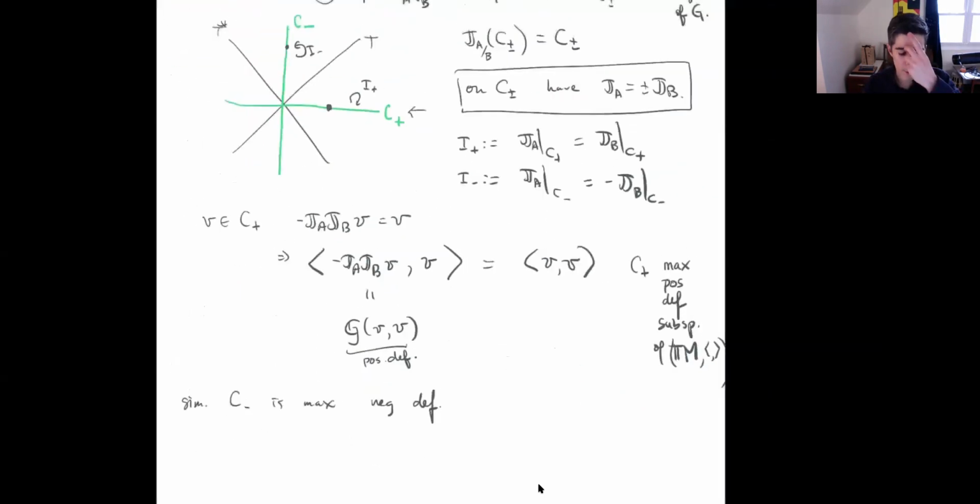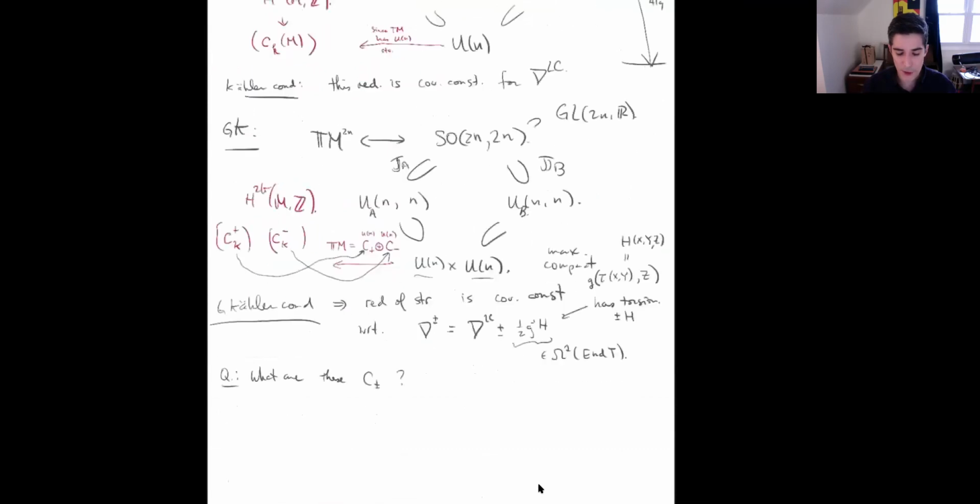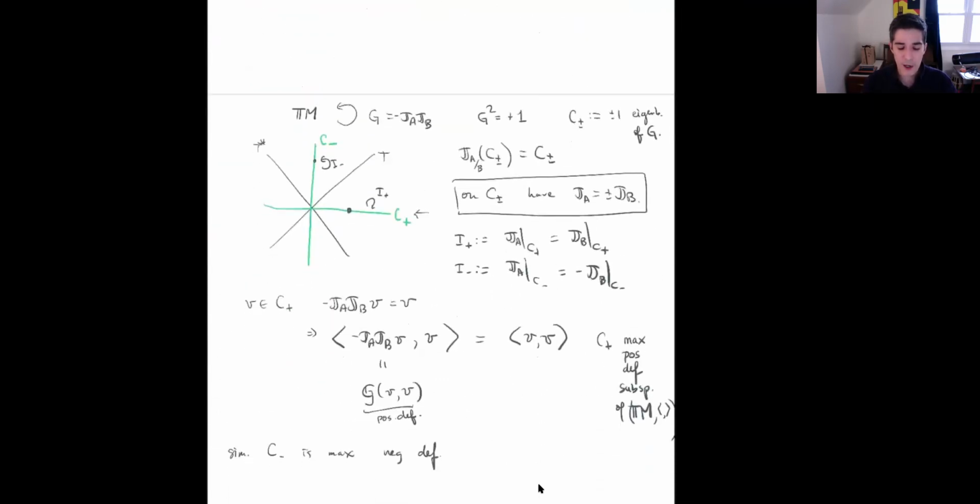Okay, and then what I'm describing now makes a lot more sense with respect to this decomposition. So what you see is that all of the structure passes to this decomposition. The T plus T star decomposes into C plus and C minus, and C plus is positive definite.